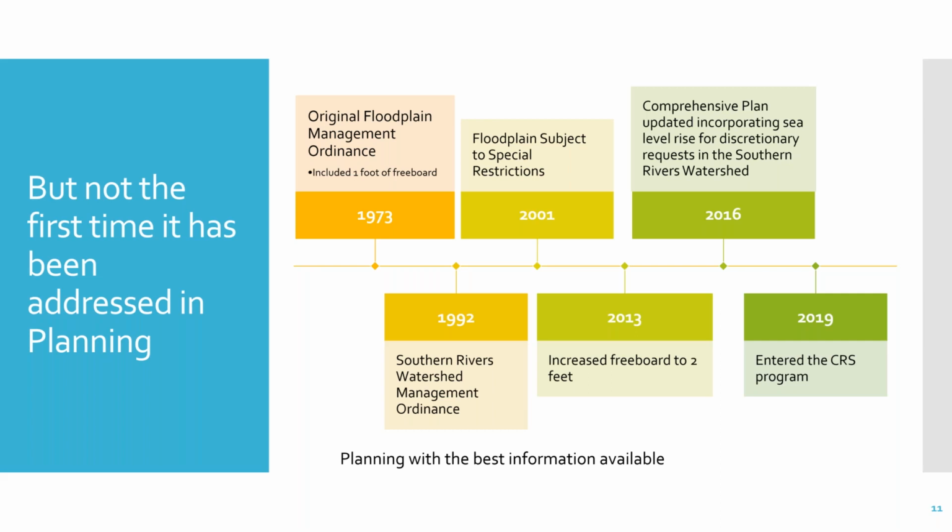And then in 2016, taking a lot of this information that has come from Public Works, this is a very key one, at least in the comprehensive plan, we already adopted into it that discretionary approvals located in the Southern Rivers watershed, the southern half of our city, are required to incorporate sea level rise and show that as part of their application, for us to have an analysis to provide to City Council when they look at these applications.